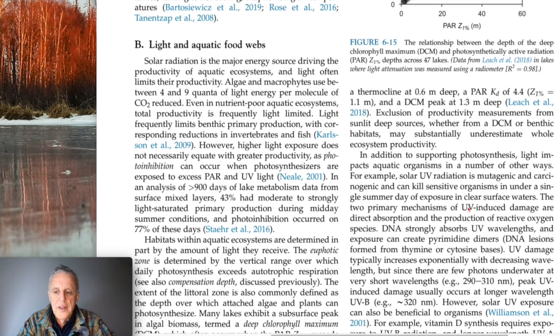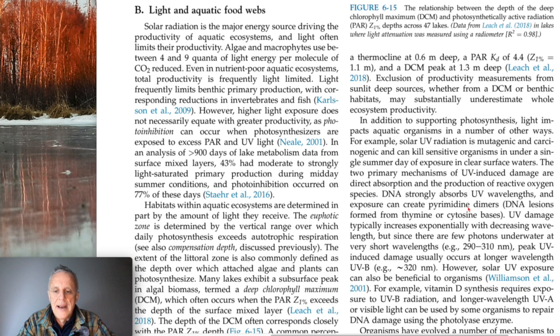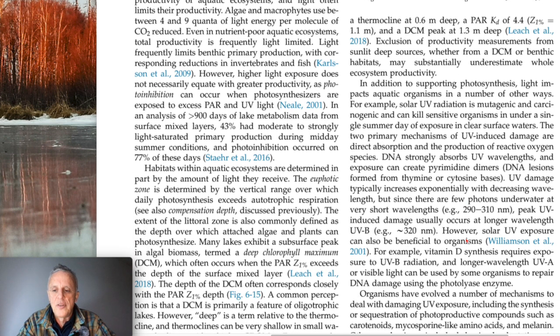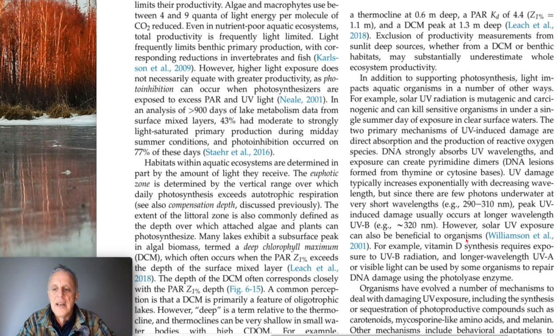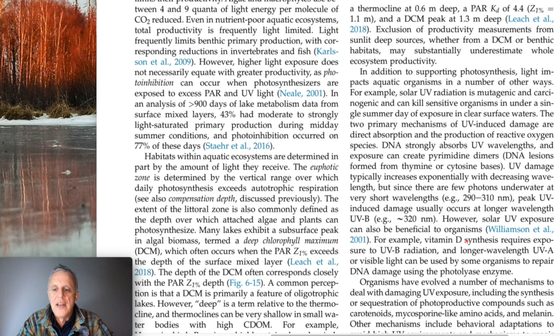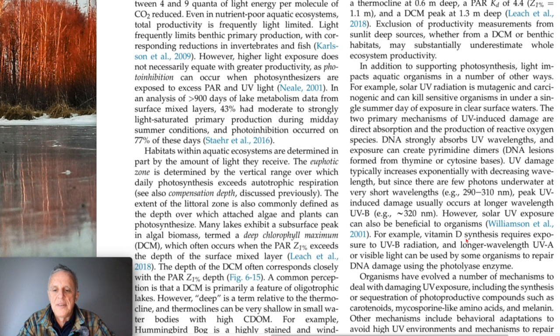In addition to supporting photosynthesis, light impacts aquatic organisms in a number of other ways. For example, solar UV radiation is mutagenic and carcinogenic and can kill sensitive organisms in under a single summer day of exposure in clear surface waters. The primary mechanisms of UV-induced damage are direct absorption and the production of reactive oxygen species.